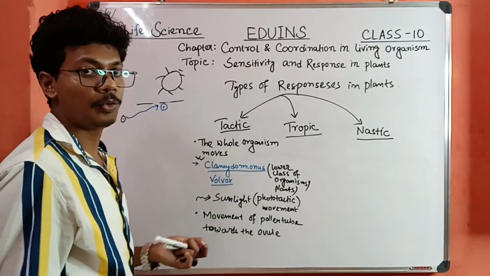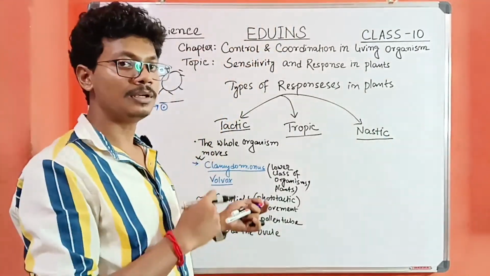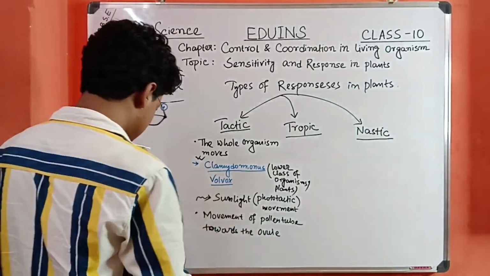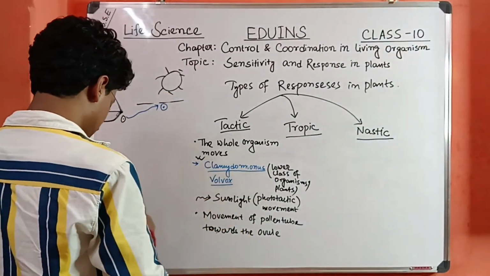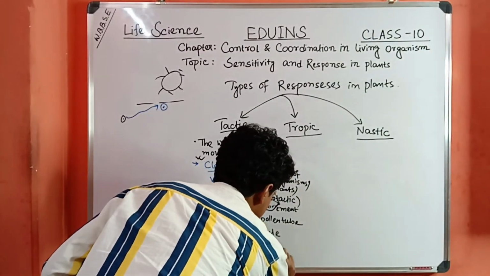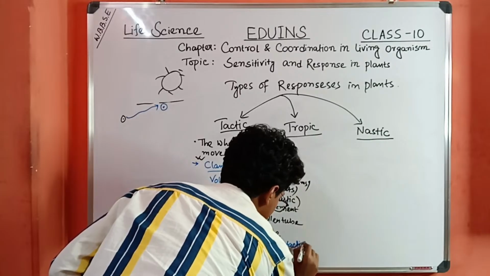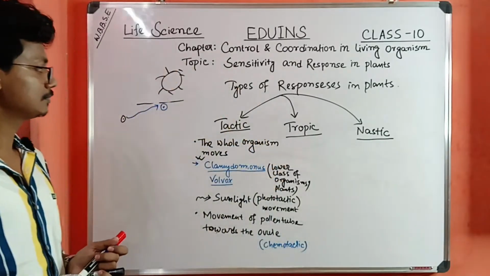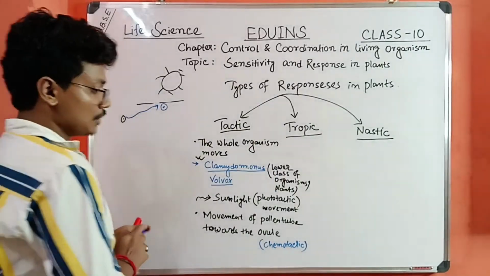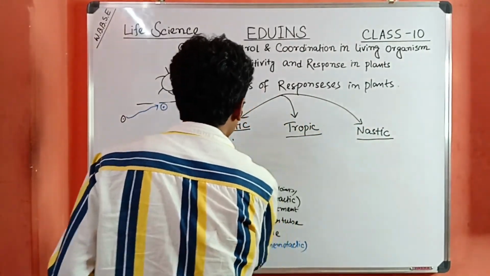We know the pollen grain forms the pollen tube to reach the ovule. This is called chemotactic movement.